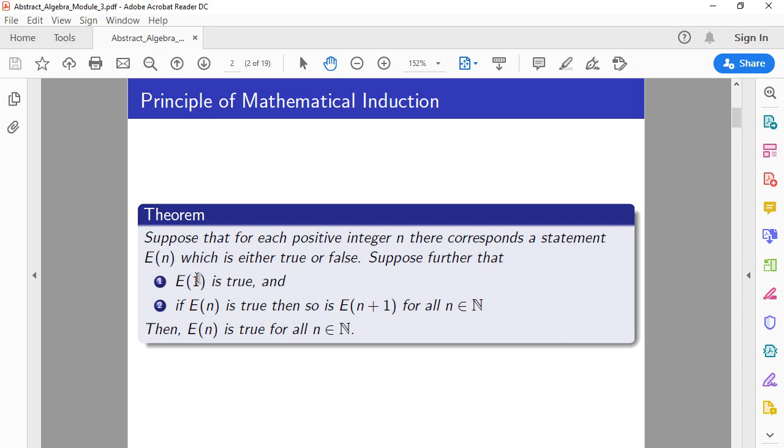So let's say today is day 1 and tomorrow is day 2 and the next day would be day 3 and so on. And we want to show that the sun will rise in the east each day.